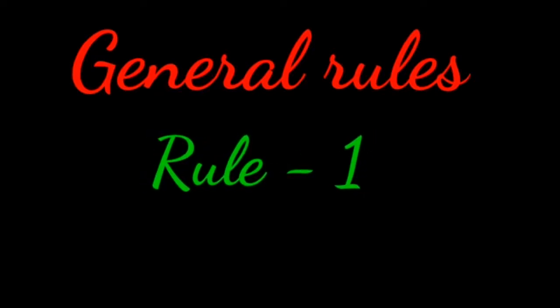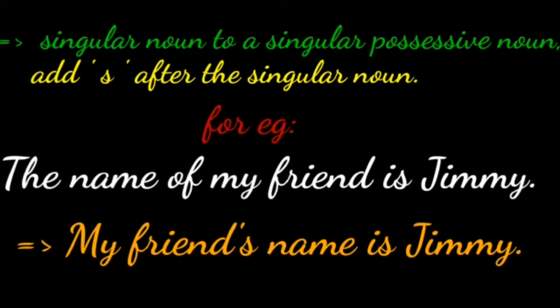Let's see the general rules to form possessive nouns. Rule number 1. To change a singular noun to a singular possessive noun, add 's after the singular noun. I repeat once again. To change a singular noun to a singular possessive noun, add 's after the singular noun.